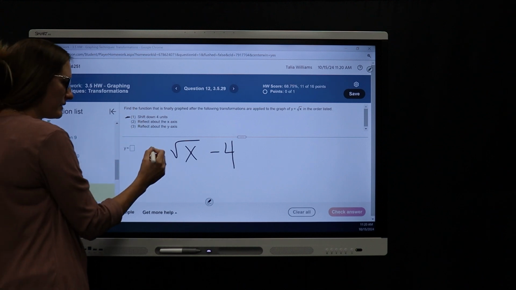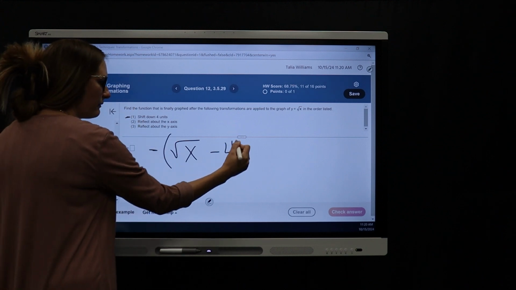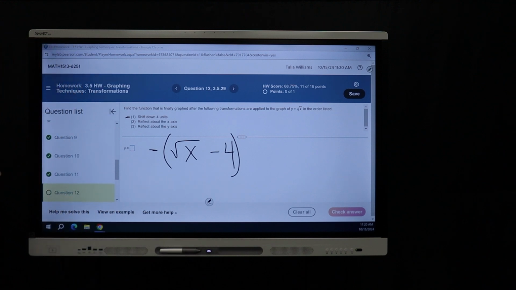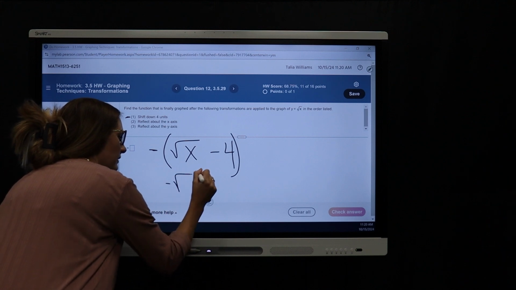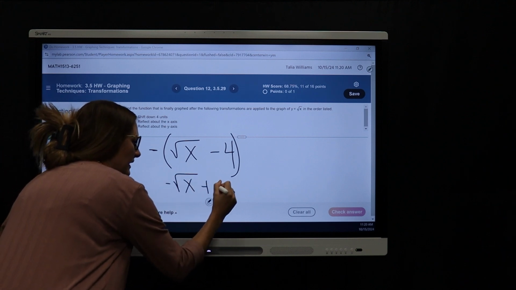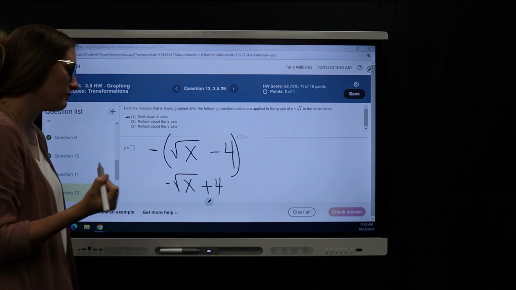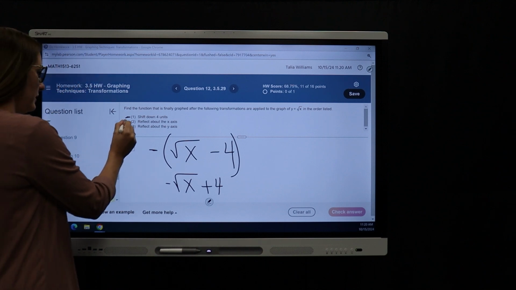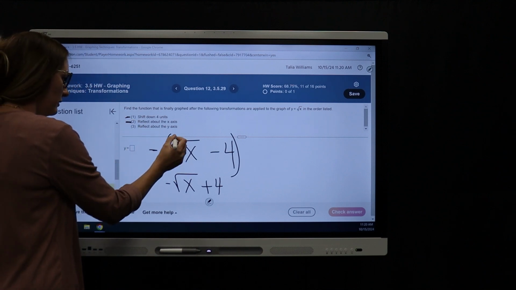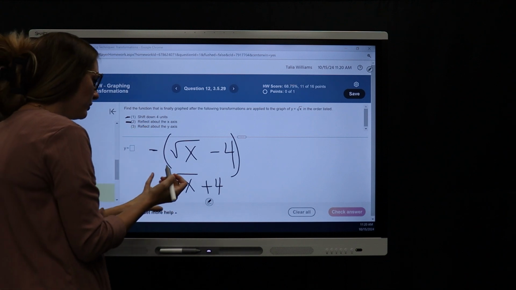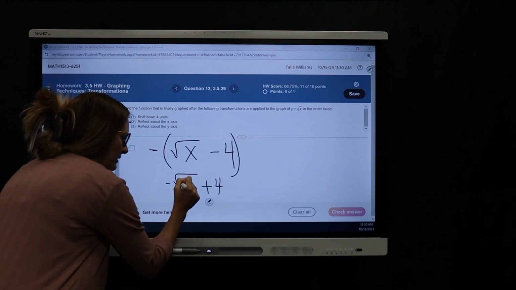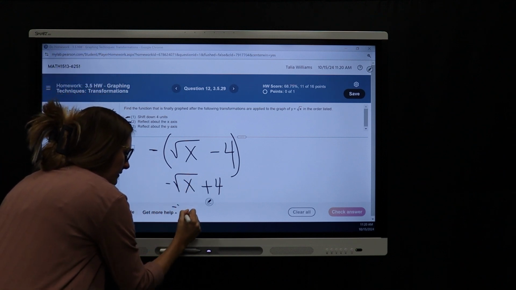When I reflect this about the x-axis, I multiply everything by the negative because that's the second step. So when we do this, it's going to change it to negative square root of x, and then a negative times a negative there makes it positive 4. So that's after 2. And then 3, when you reflect about the y-axis, you put a negative inside with your x. I'll just write it again.